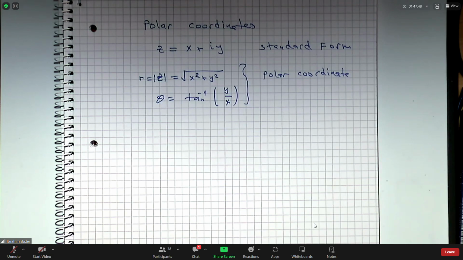Now, what do we need this coordinate for? As I told you, it is much easier to evaluate multiplication, division, and exponents using this. And this is our next section.